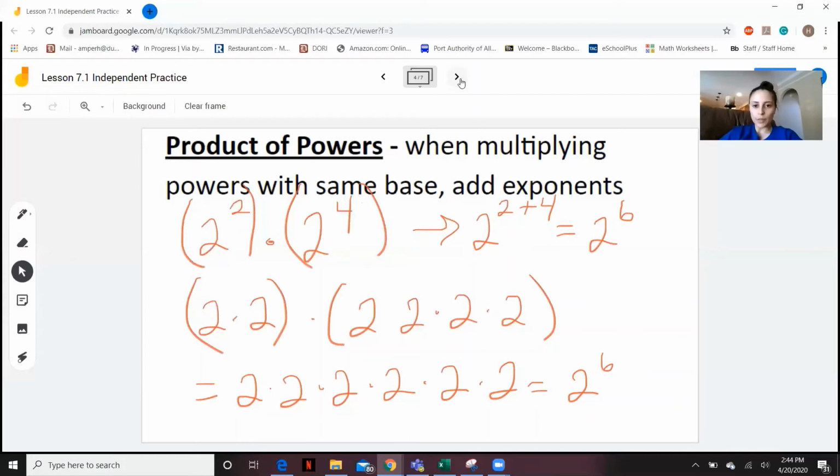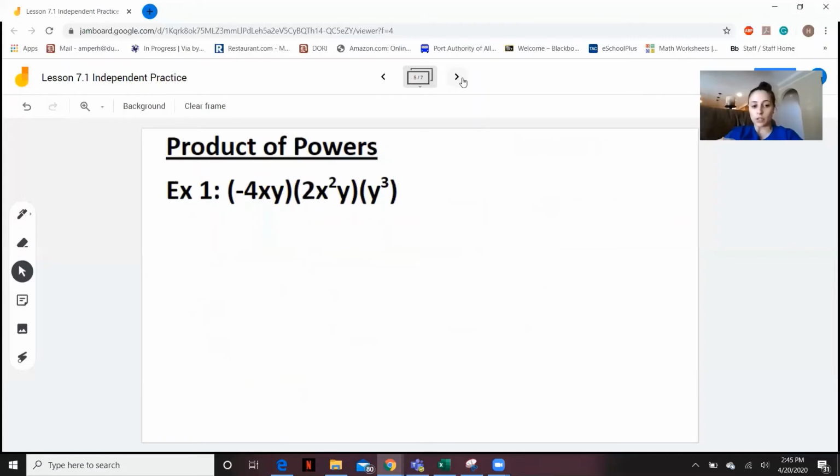Okay, so now we're going to do an example where we're simplifying an expression that has some exponents and some numbers. With variables, it's going to be the same thing as we did with the 2s. It's the same process, okay? Your first step is to write out the coefficients together, then all of the x terms together and all the y terms together.